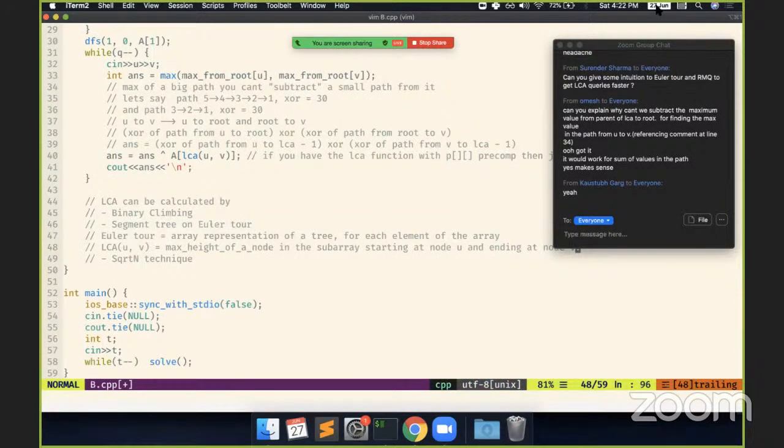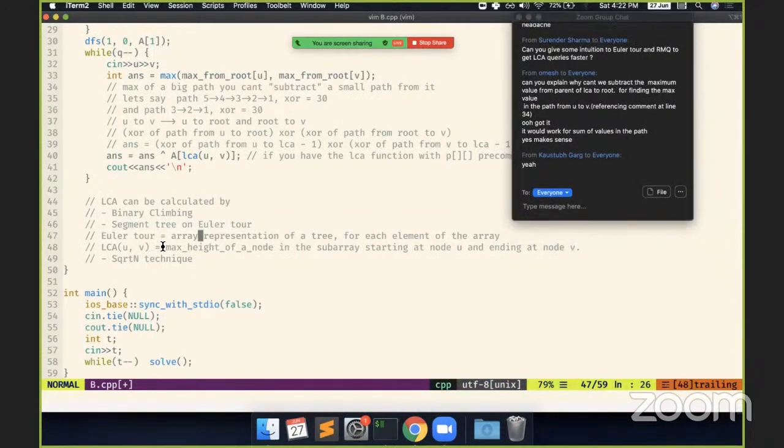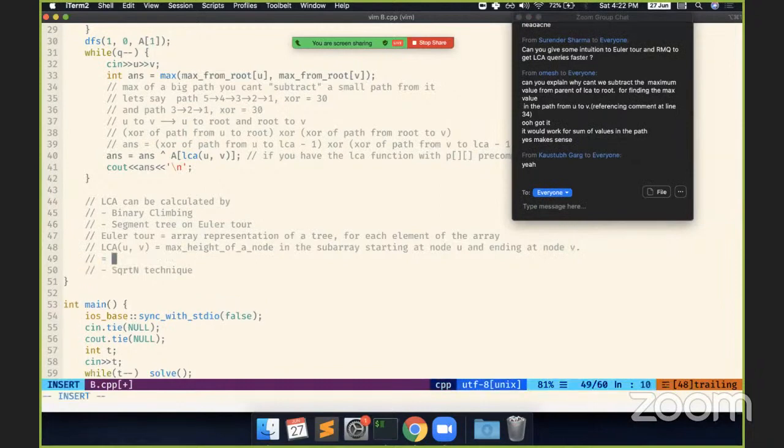That's what the LCA becomes. Because it's a min height in a subarray, this becomes a range min query on a subarray in a segment tree. I can't explain Euler tour itself, but the subarray thing basically comes from the Euler tour. That's why you use segment tree on Euler tour.